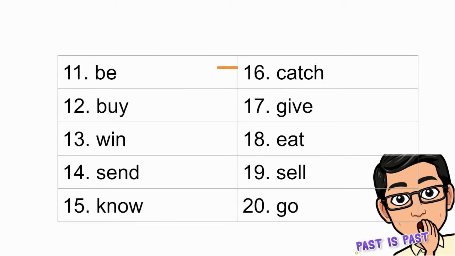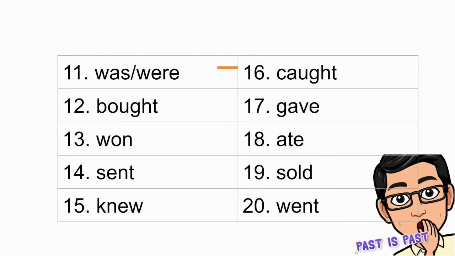Be, buy, win, send, know, catch, give, eat, sell, go. Once again, identify the past tense of the following verbs. You can pause the video for more time. Let's check your answers. 11. Was, were. 12. Bought. 13.